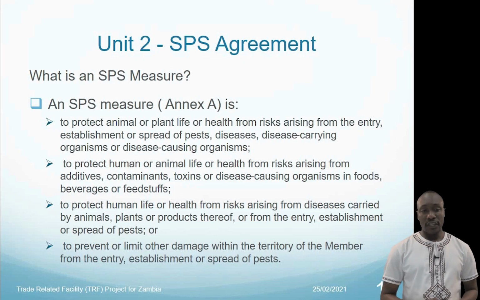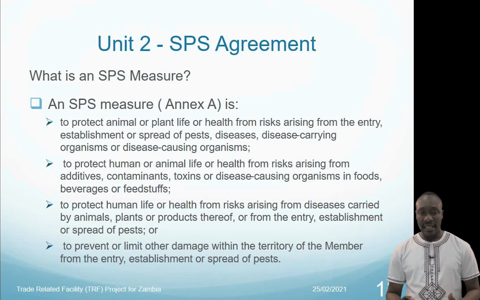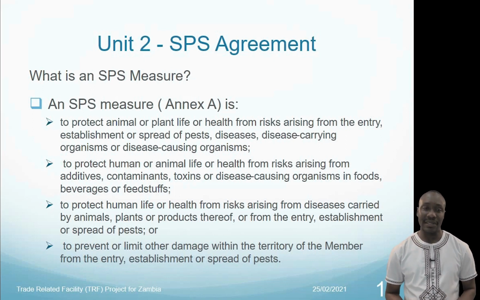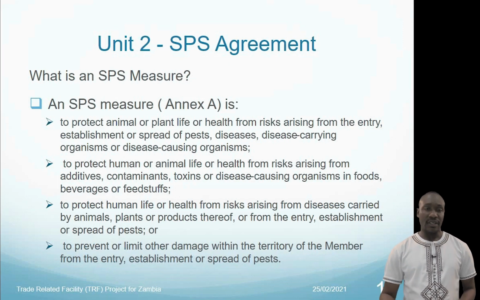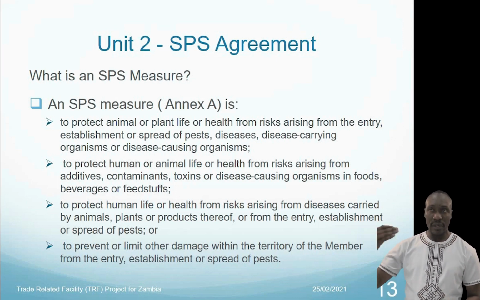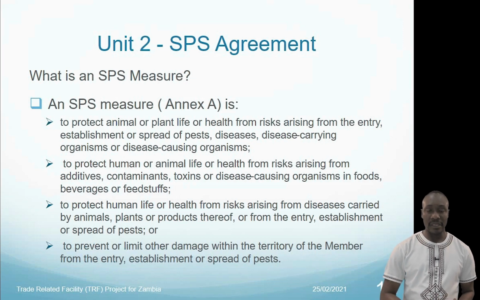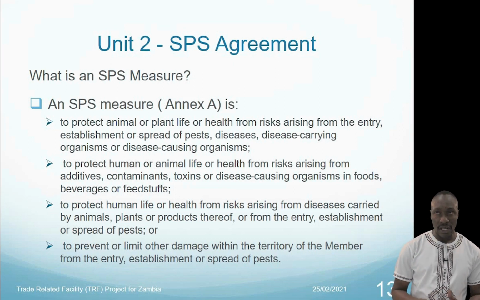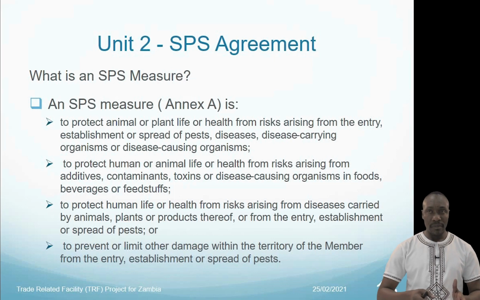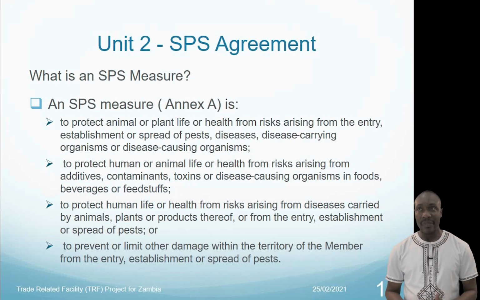The third definition of an SPS measure is anything that you do to protect human life or health from the risk arising from diseases carried by animals, plants, or products thereof. And we are talking about the entry, establishment, and the spread of these pests. So the first one talks about the disease-carrying animals or plants being safeguarded or being stopped from spreading to other animals or plants.